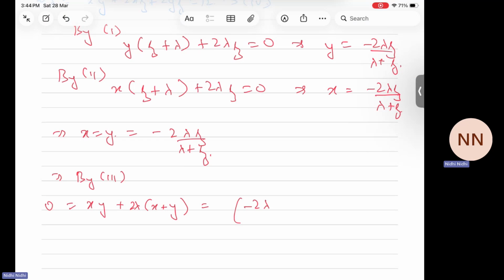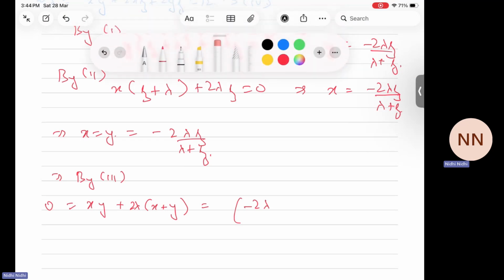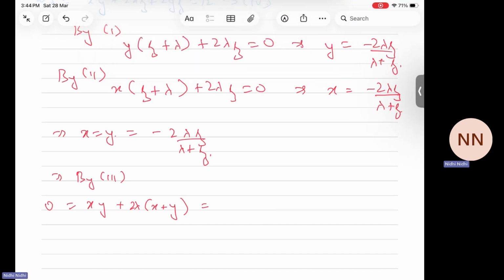In fact, since we do not even have z, just use the fact that x equals y. So this will give us x square plus 4 lambda x. That means x times x plus 4 lambda is equal to 0. Either x is equal to 0 or x is equal to minus 4 lambda.